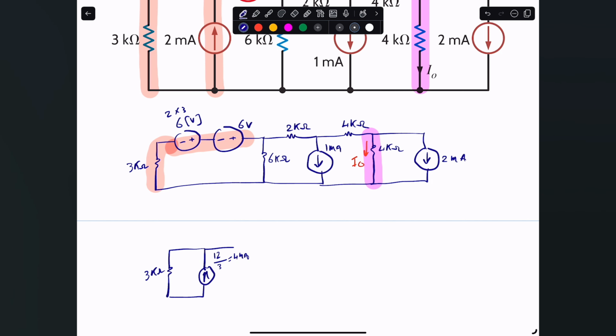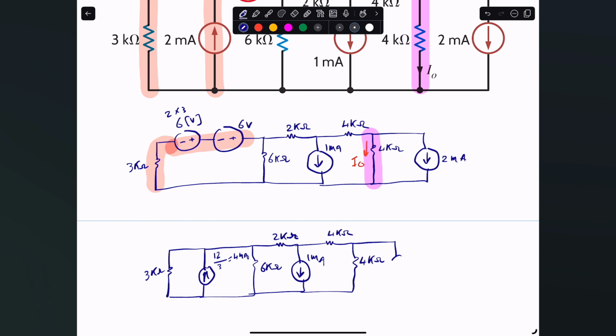It is in parallel with 6 kilo ohms, and then we have the 2 kilo ohms in here, and 1 milliamp going downwards, and the 4 kilo ohms in here, and the other 4 kilo ohms in here, and the current source that will be 2 milliamps. Again, I'll highlight that this is the current I'm interested in, and this here is the branch I shouldn't be converting.